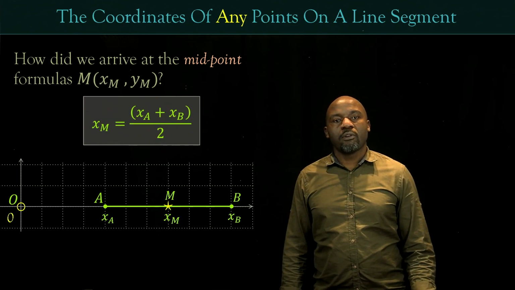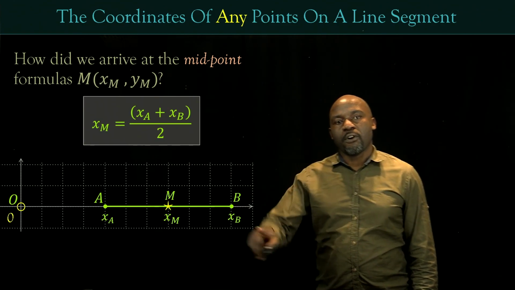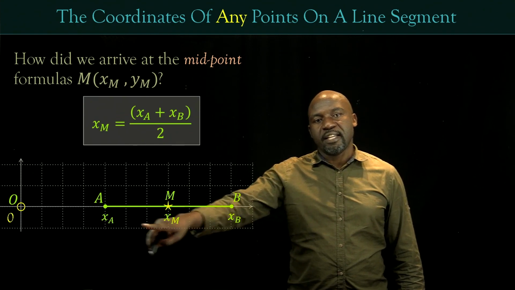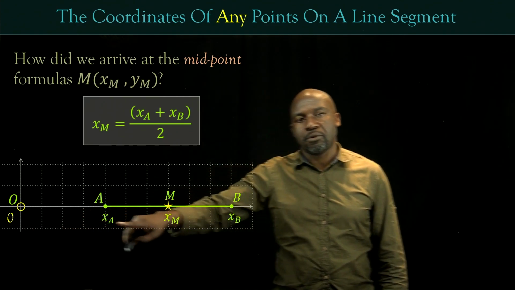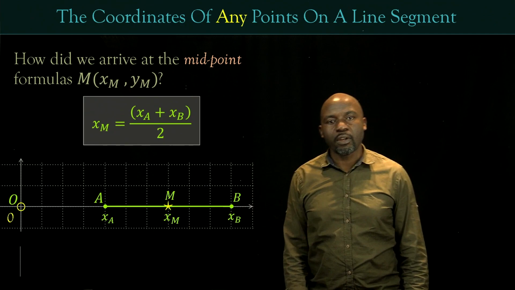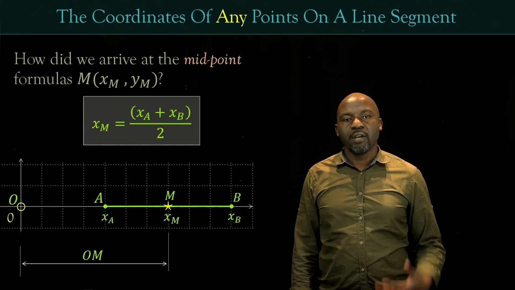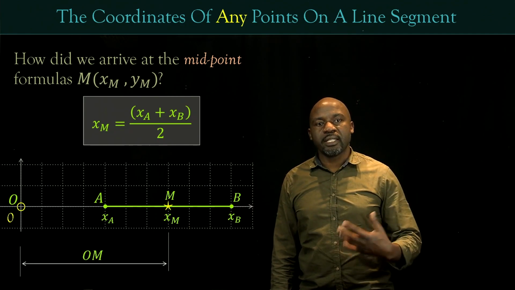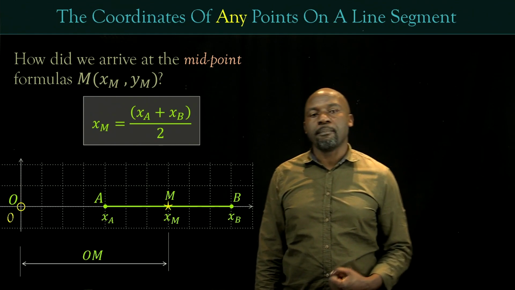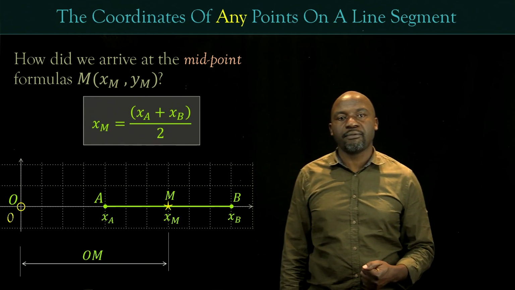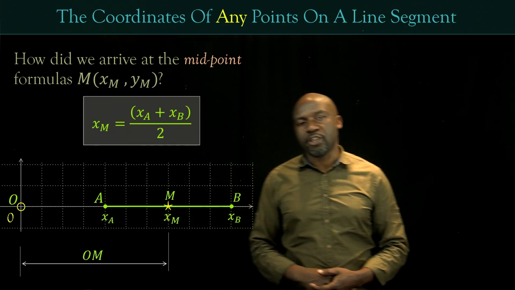We want to show that this formula is true, so we go by reasoning. What we are looking for is xm, the distance from the origin to the point M. If we find that distance, OM is actually the value of xm, because the coordinate refers to that distance from the origin.